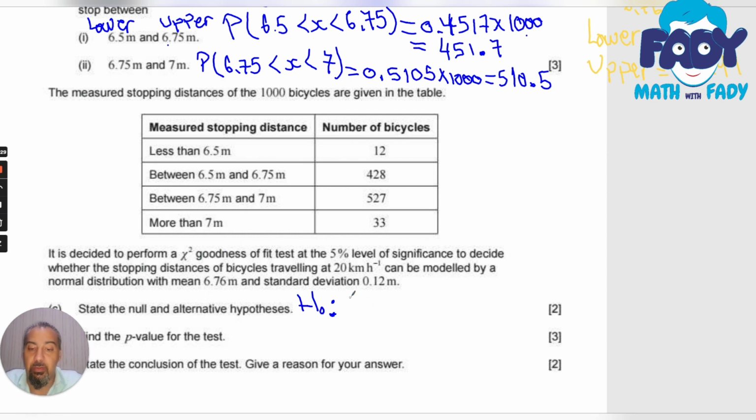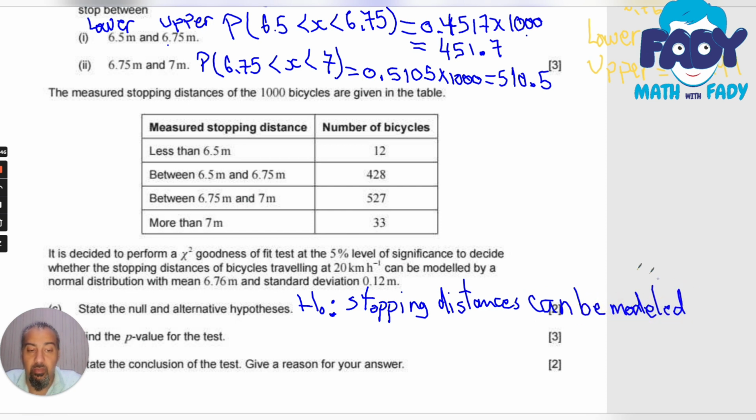So this is our null hypothesis, that stopping distances can be modeled by normal distribution mu 6.76 and 0.12 squared. This is how we are writing the normal distribution. So this is the null hypothesis.